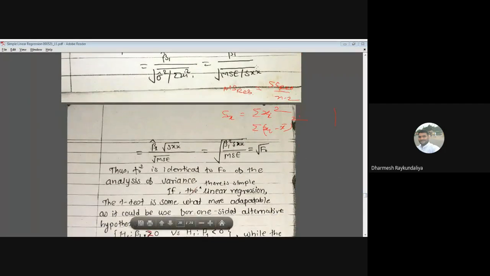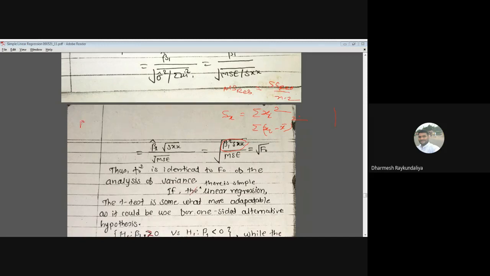So if you take the square, what is beta 1 cap square Sxx upon MSE, and what is that beta 1 cap square Sxx?